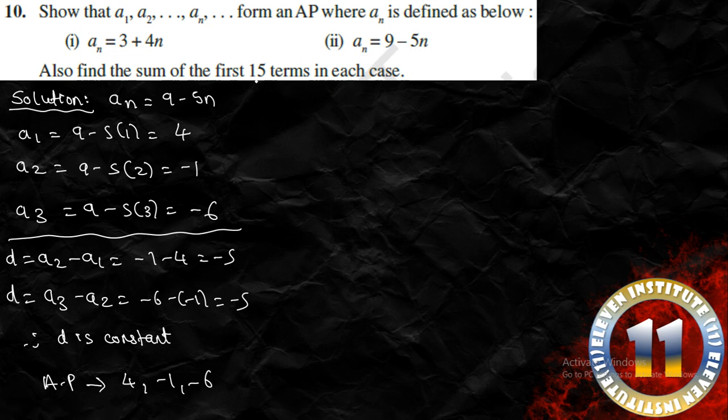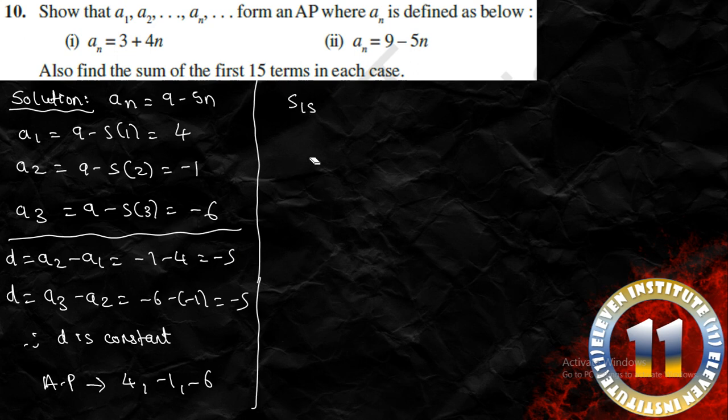Right, so this is how we will first obtain the arithmetic progression sequence, and we have subsequently proved that this is an arithmetic progression because each and every time 5 will be subtracted over here and we get the arithmetic progression. Now we want to find S15.